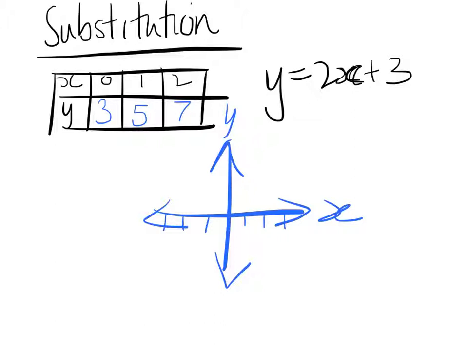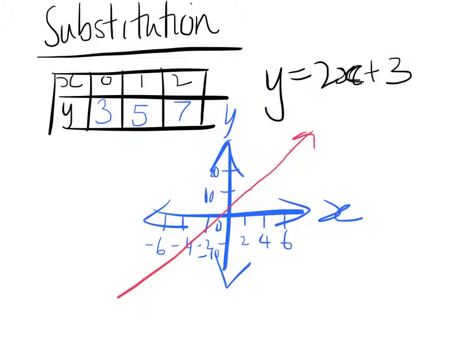So for the x, the scale needs to be the same. That could be each of these lines represents 2, so maybe -6, -4, -2, 2, 4, 6. And maybe along the y, each represents 10. So it could be 10, 20, -10. And then you would plot your points and then draw your line.